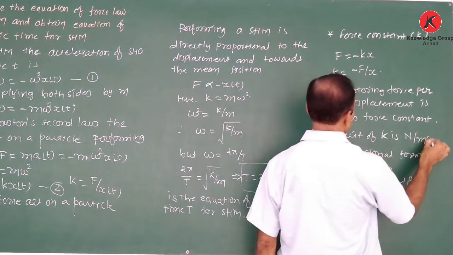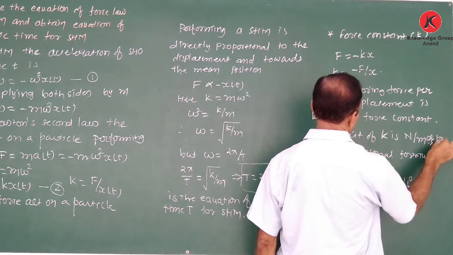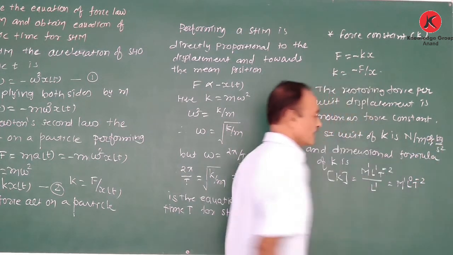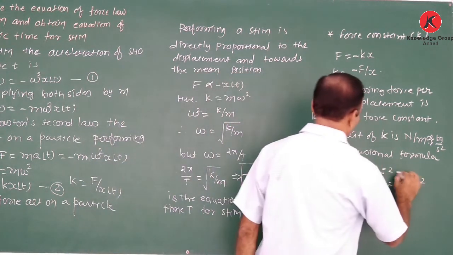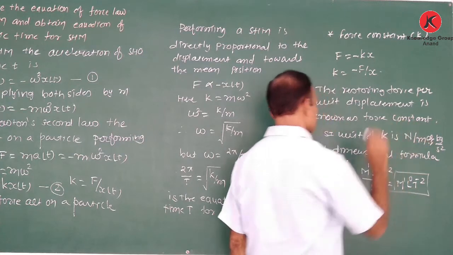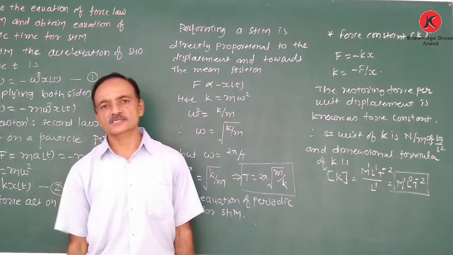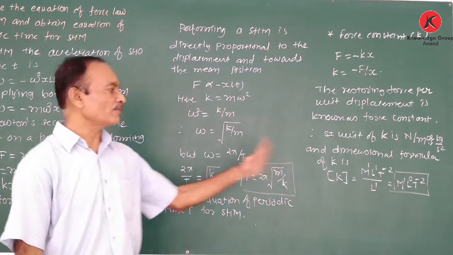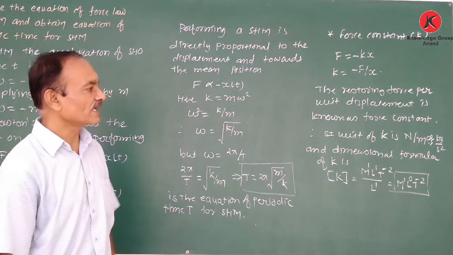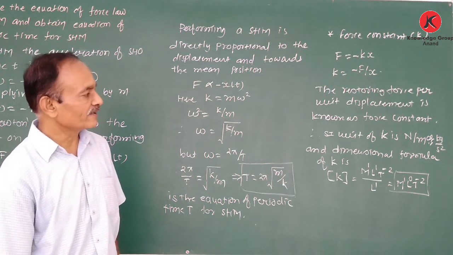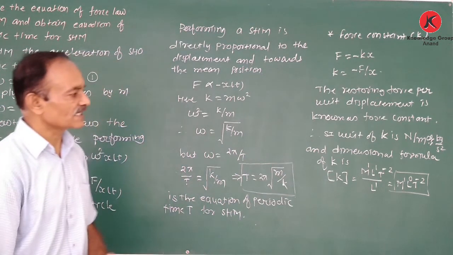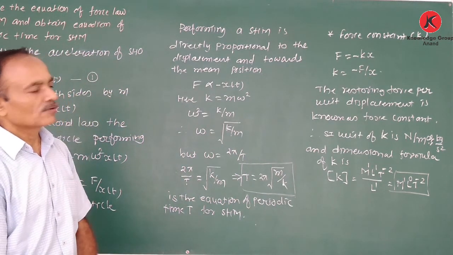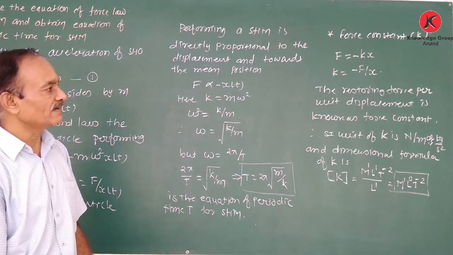And the other unit is kg per second square from the dimensional formula. So that is the dimensional formula of force constant, and also the SI unit of force constant. That is important for a one mark question, frequently asked: what is the SI unit of force constant and the dimensional formula of force constant? Kg per second square or Newton per meter, or M1 L0 T minus 2.